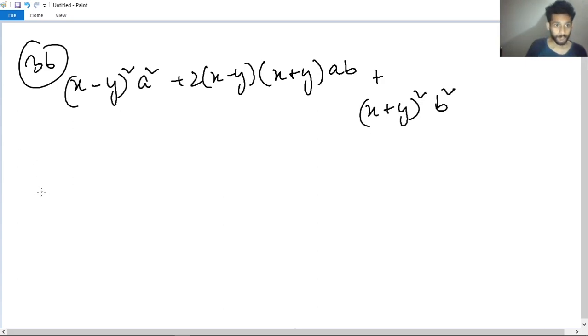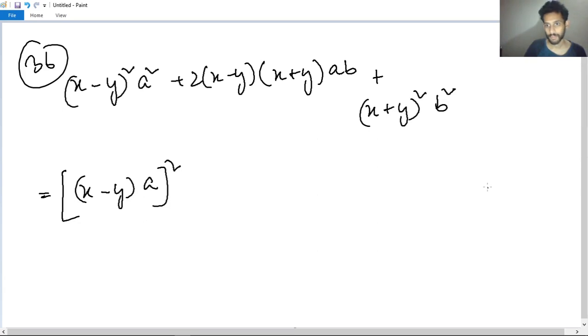If I write this as a whole square, the first part is x minus y a whole square, and the last part is x plus y b whole square.